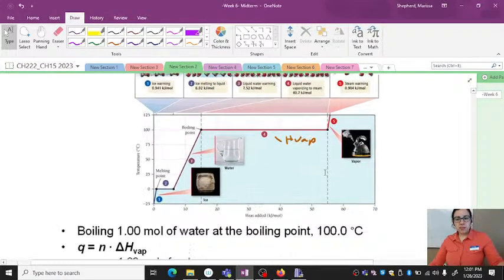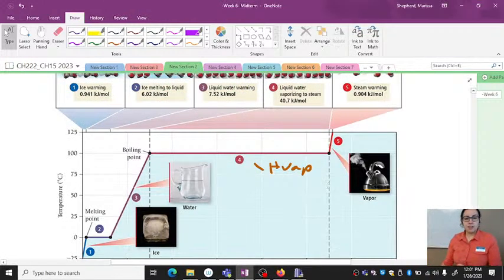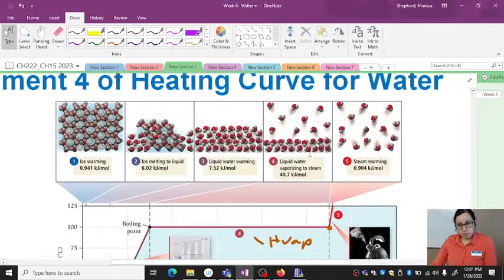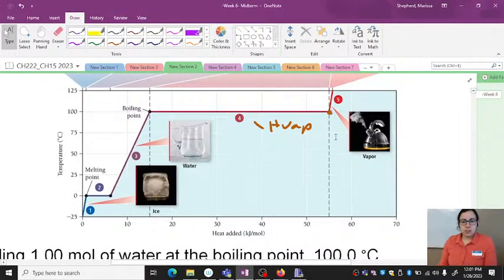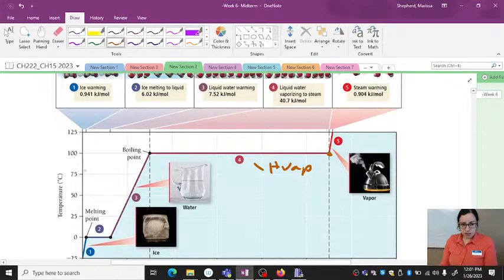Now this brings us to our last little leg here. We're at this point of the graph now. We've gone all the way this far. But the last little bit is it wants us to take the steam from 100 degrees Celsius to 125. What value would we need for this little leg?